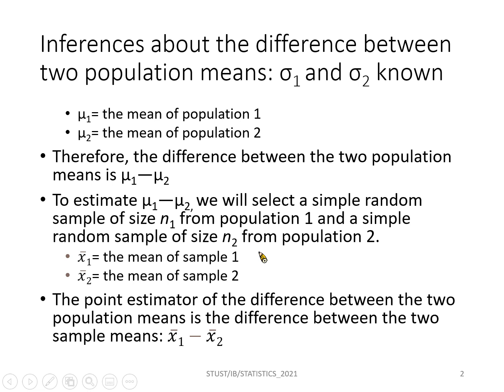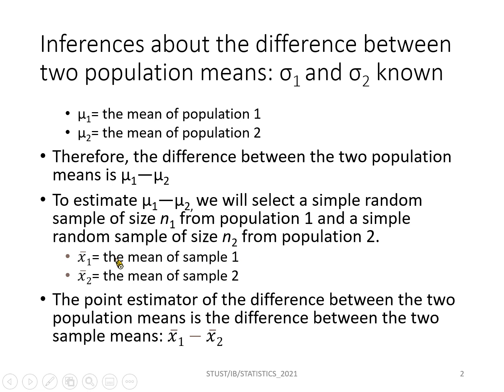But sometimes it will be difficult to collect all the information from the population, so you will do some sampling. Select a simple random sample of size n1 from population 1, and do the same sampling from population 2. Then you calculate the mean of each sample.